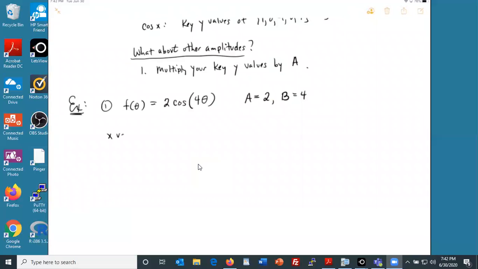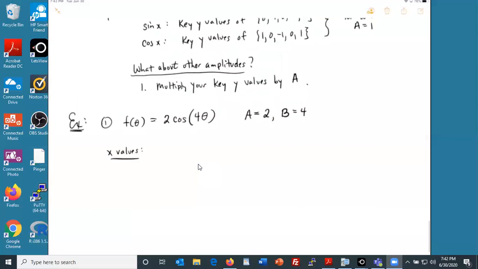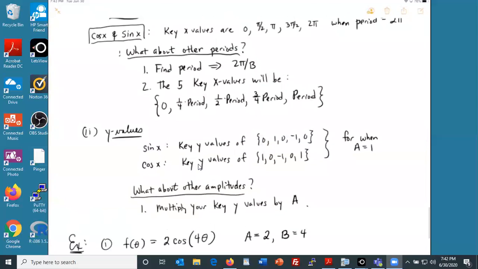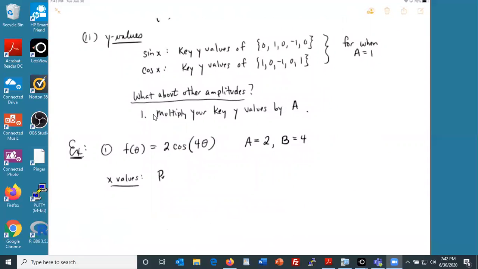So first we need the x values. Right? So what we do is we follow these steps right here. First you find the period, and then you multiply the period by these fractions. And then you have your x values. Okay? So the period is 2 pi over b. So 2 pi over 4 is pi over 2. So the period is pi over 2. So that's step 1. Step 2, all right, we'll get the x values next.